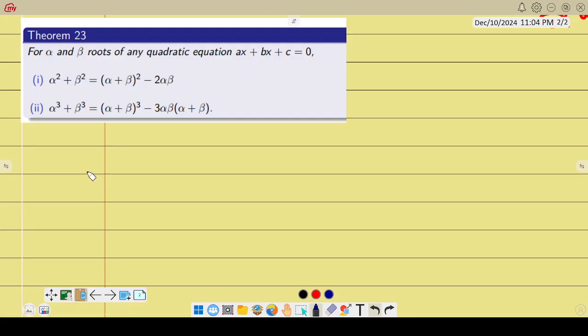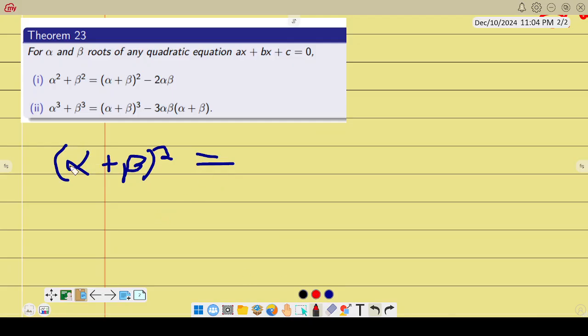So for this first one, it's whereby we have alpha plus beta squared. I think I already taught how to go about this, how you can simplify, but I'll take you back.